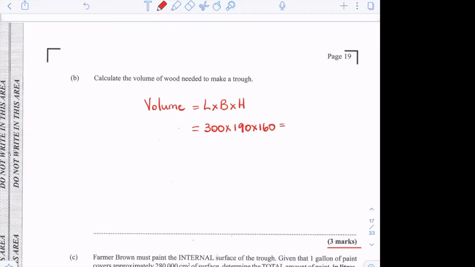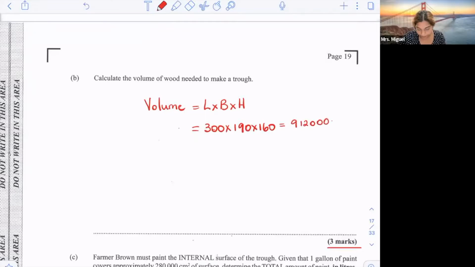It will be 9,120,000. Now, right. So the question is worth 3 marks. I have the volume of wood needed to make the box.